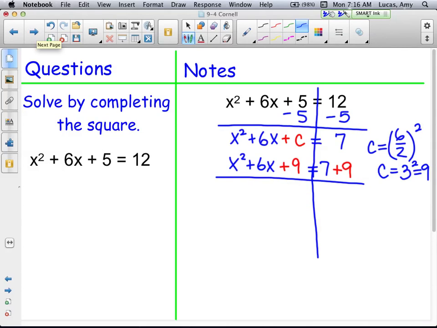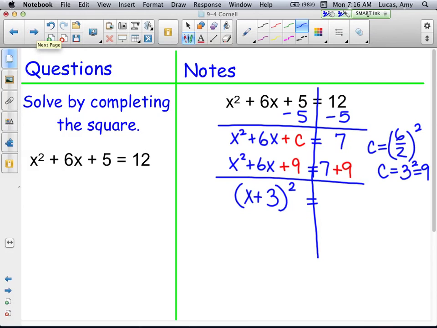You can't just add something on one side without adding the same thing on the other side. If you do, you're changing the equation. It's not going to be an equation at all anymore. You're making it an inequality, not an equality. So anyway, now on the left-hand side, I know that this is a perfect square. It's x plus 3 squared.